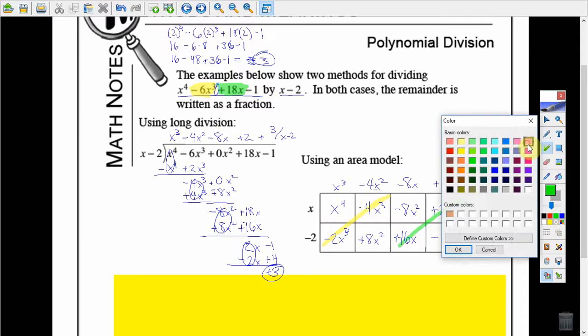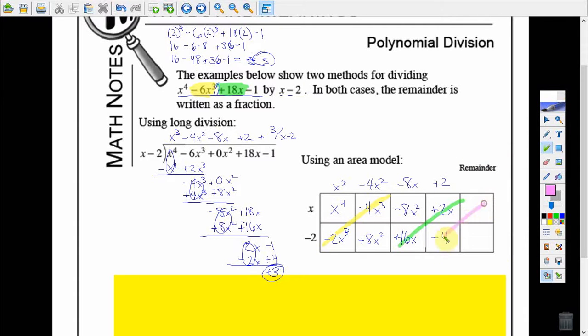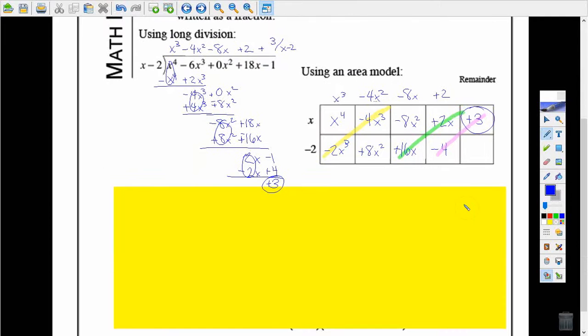And because that wasn't 0, we know these two have to add up to negative 1, which means this has to be plus 3 for our remainder.